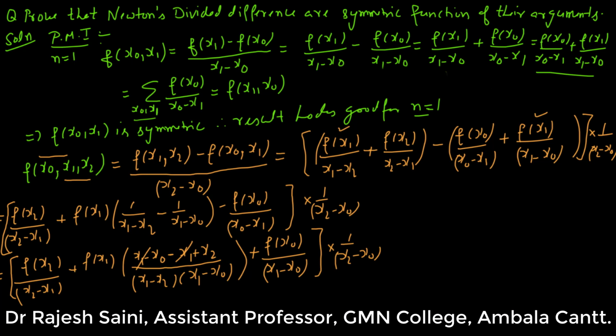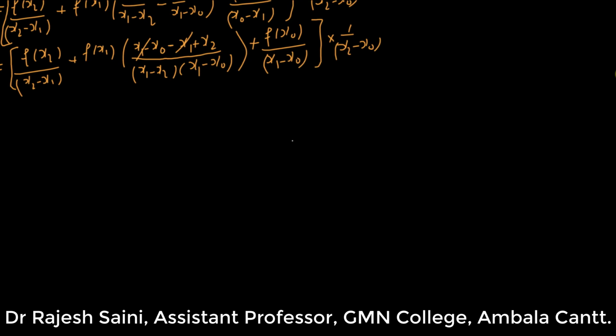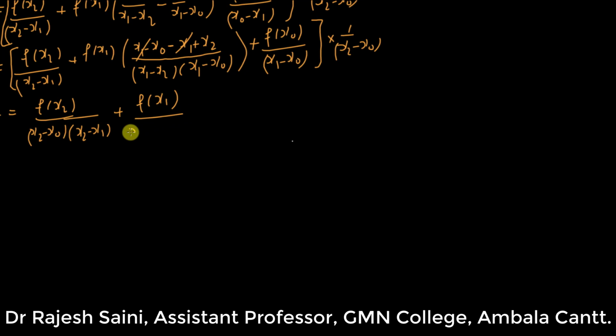So I am going to write it as f of x2 minus x naught, because this will come inside x2 minus x1 plus f of x1, x2 minus x naught will cancel out, so we are left with x1 minus x naught, x1 minus x2 plus f of x naught.